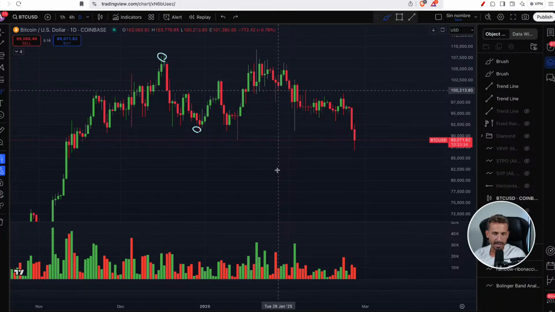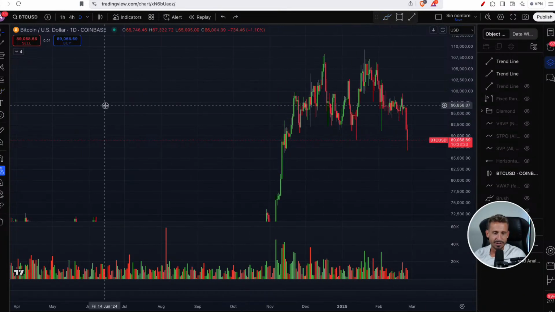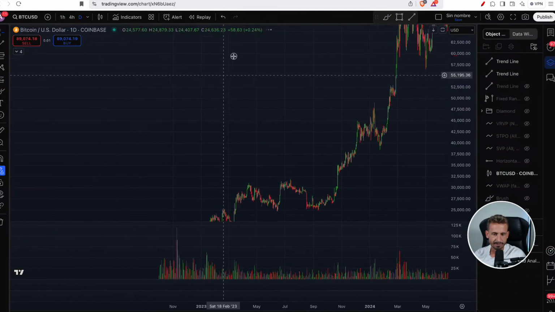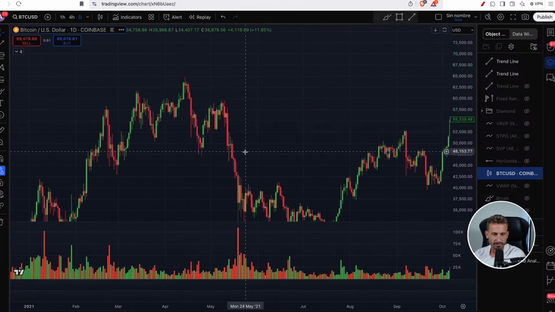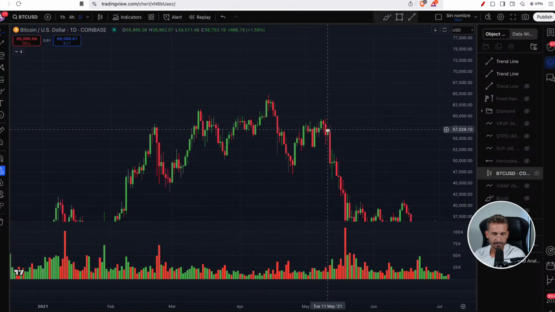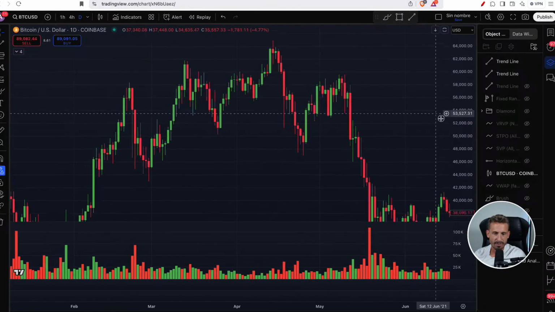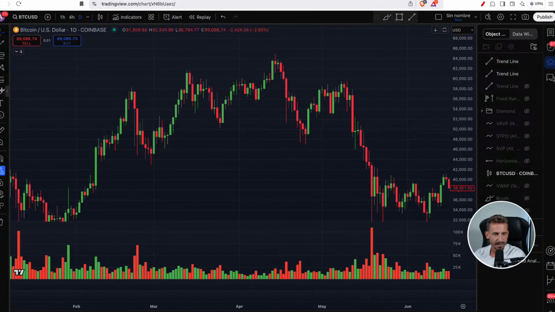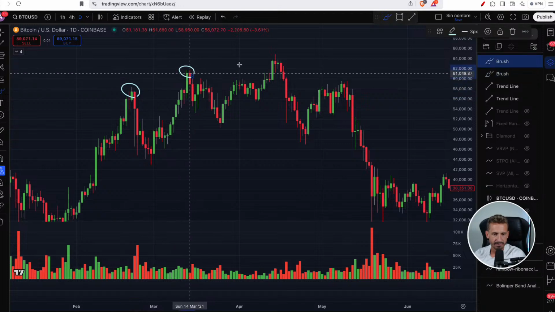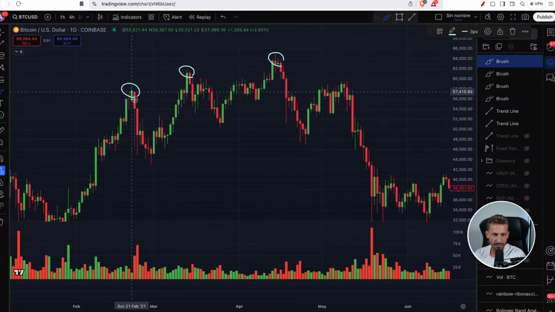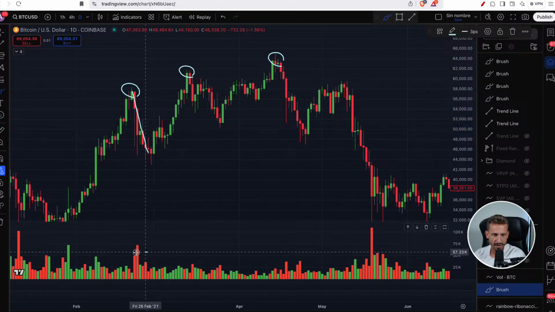Now, when you go and take a look at the distribution that we had in 2021, the highest amount of volume from the all-time highs, if you take a look at the volume from this drop, high volume.